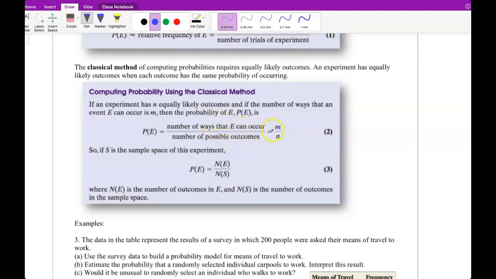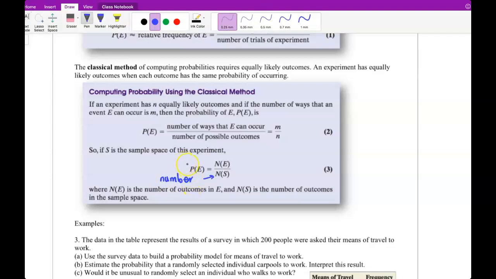So this is the probability of the event, and that is equal to the number of ways that we can have this event, and the denominator is the number of possible outcomes. Because we have a number, that's why we use n.